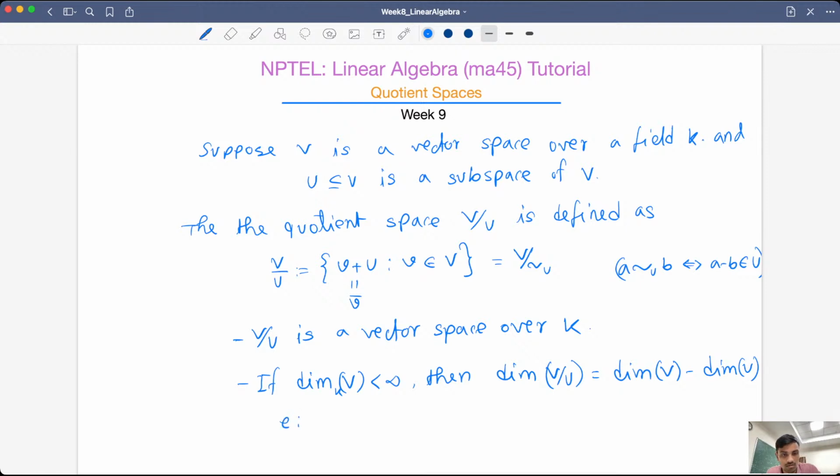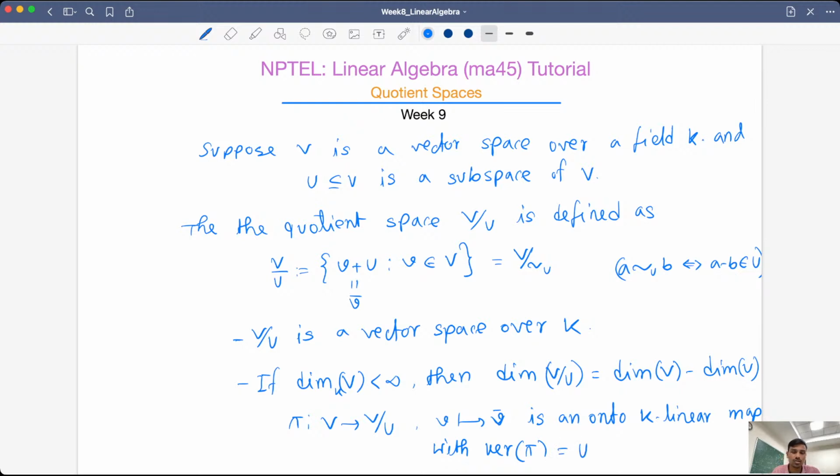So there is a projection map pi from V to V mod U, sending v to v bar. It is an onto linear map with kernel of pi equal to exactly U, because if anything is 0 in V mod U, that element must belong to U. That follows from this equivalence relation, right?